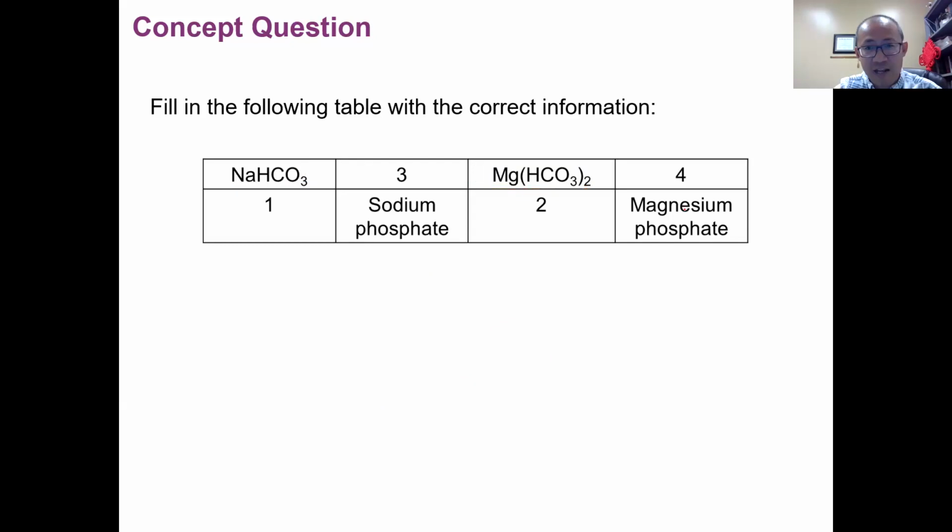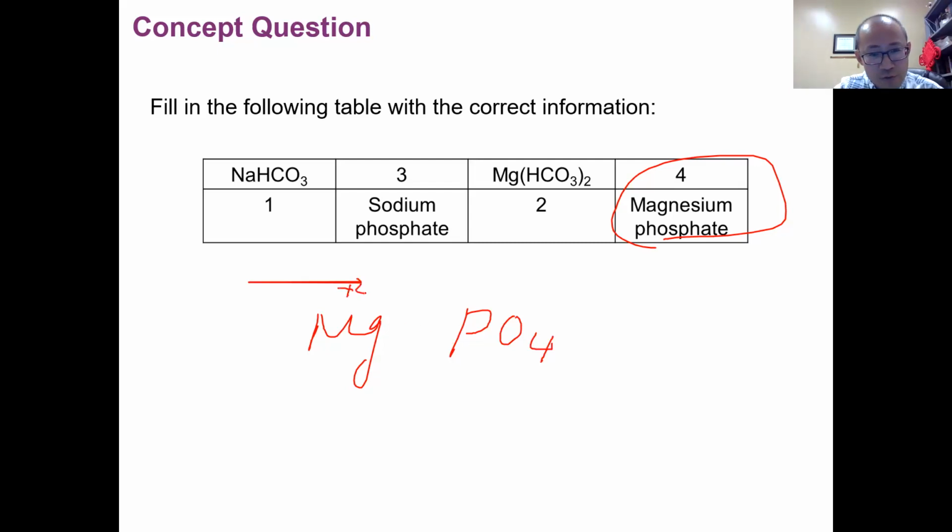Let me erase that and do the last one, magnesium phosphate. The magnesium formula is Mg, and phosphate is PO4. Again, the charge for magnesium is 2+ and the charge for phosphate is 3-. So the charge of magnesium becomes the subscript of phosphate, and the charge of phosphate becomes the subscript of magnesium.